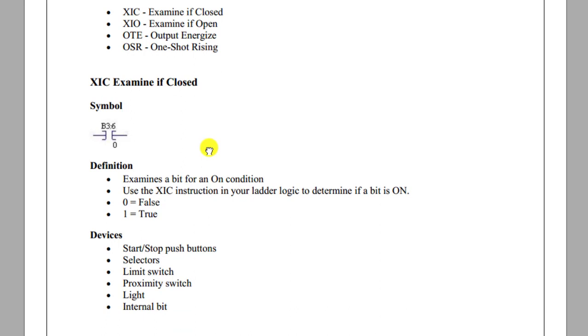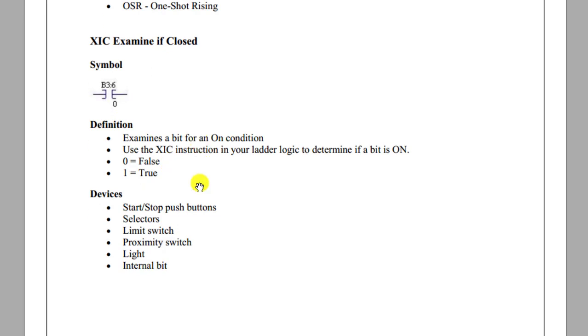XIC says examine if closed, and this is the symbol for it. The definition says that it examines a bit for an on condition. This means that if you are applying an input to this gate, then it would be in on condition, otherwise it would be in off condition.